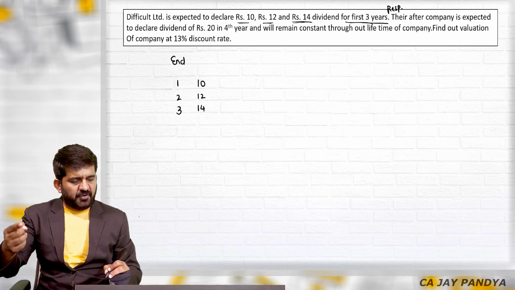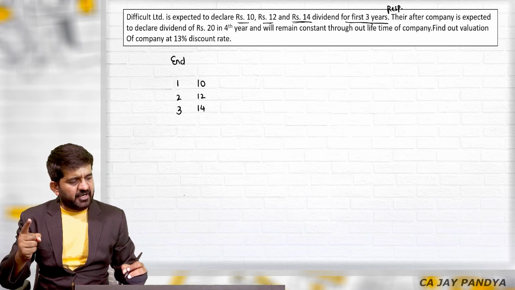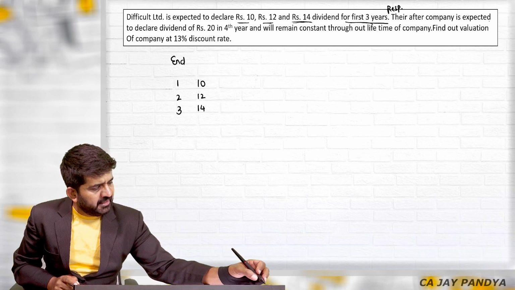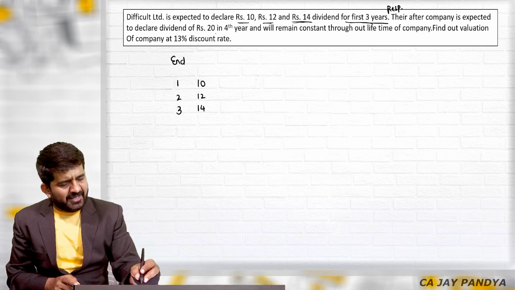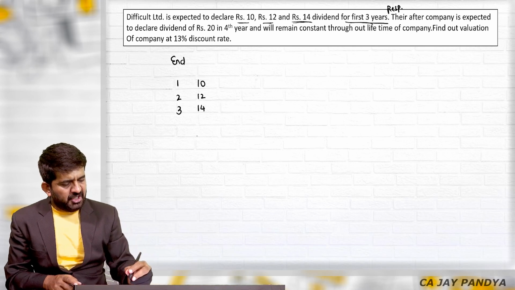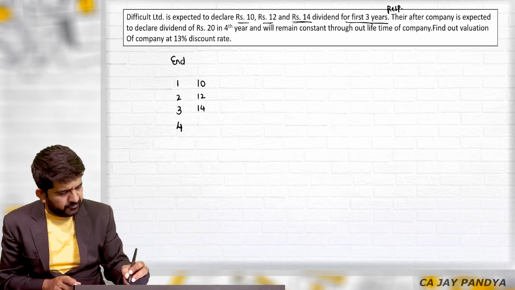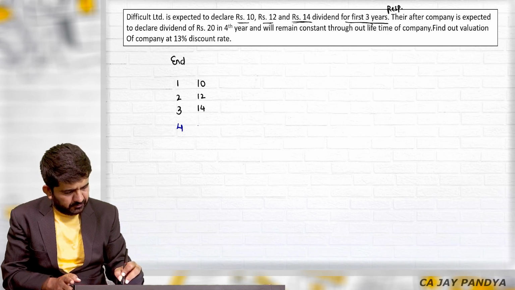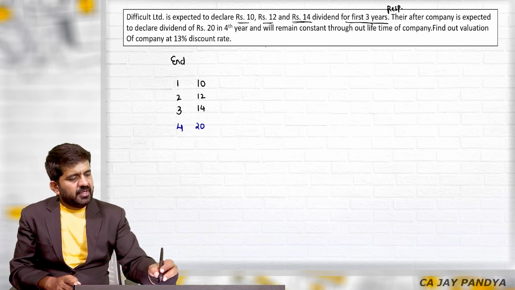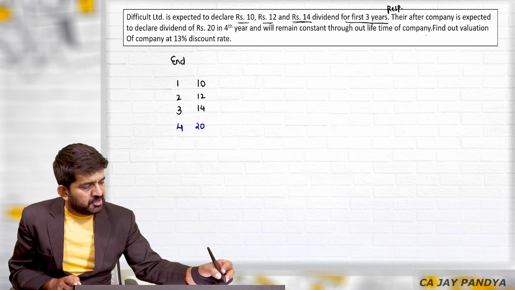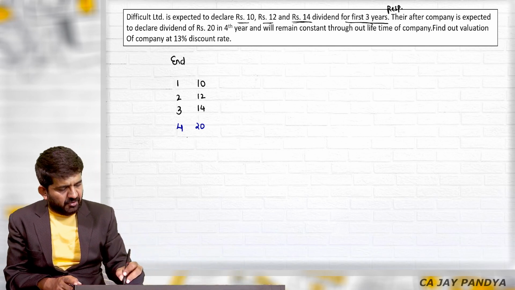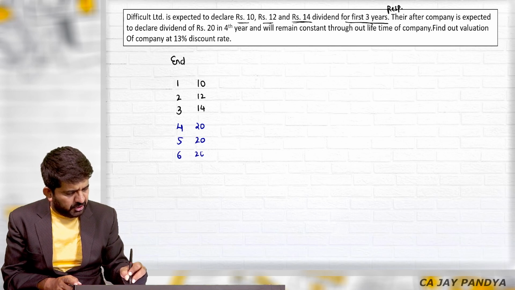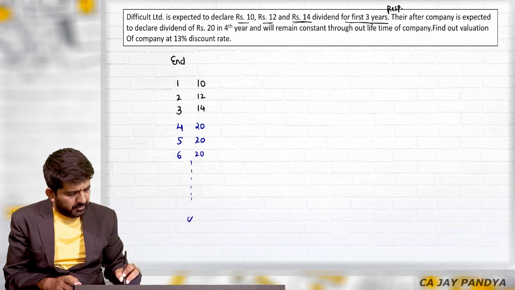So 10 is for first year, 12 is for second year and 14 is for third year. Thereafter, the company is expected to declare a dividend of rupees 20 in the fourth year, and it will remain constant throughout the lifetime of the company. So fifth year also 20, sixth year also 20 and so on.